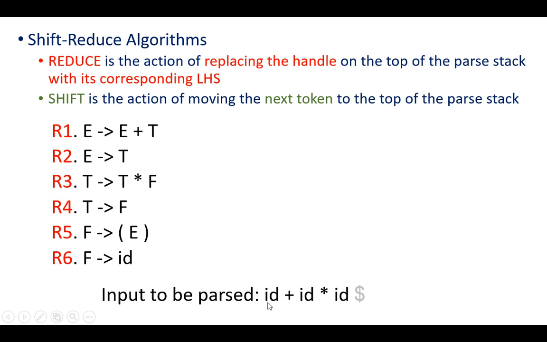So if we try to parse ID, it means that we parse ID using rule 6. And reduce rule 6 tells us that ID was produced by the left-hand side F. Subsequently, we should expect reduce rule 4, which tells us that F was produced by T. So we take that backward step of building the parse tree, not from the root now, but from the bottom.